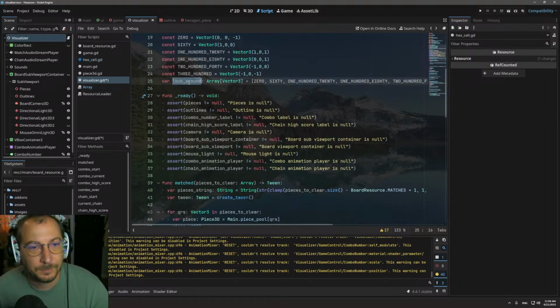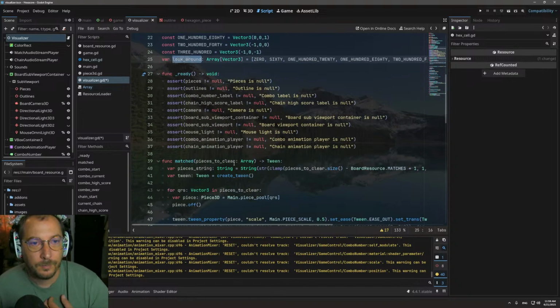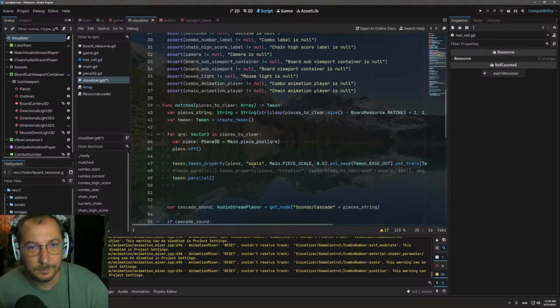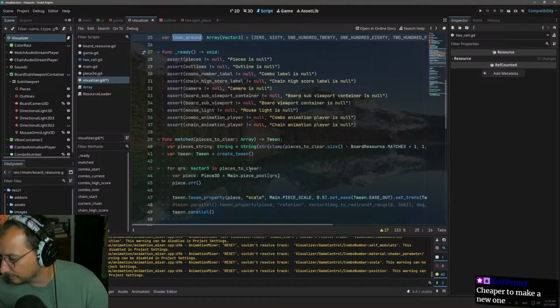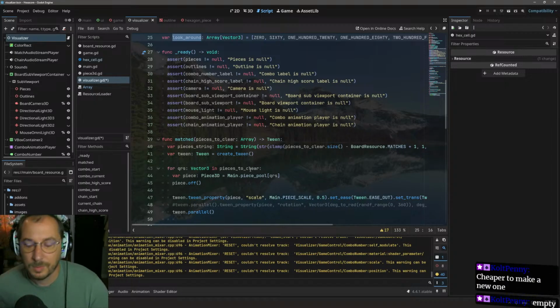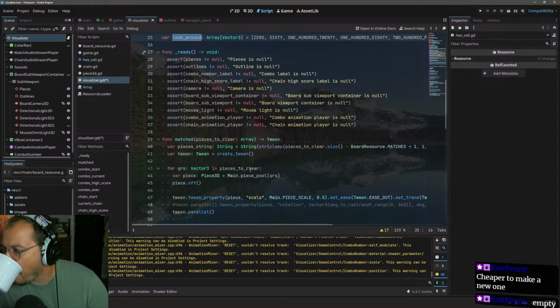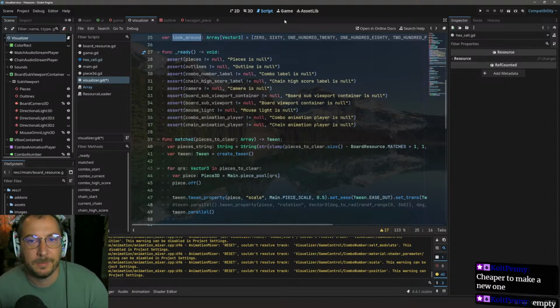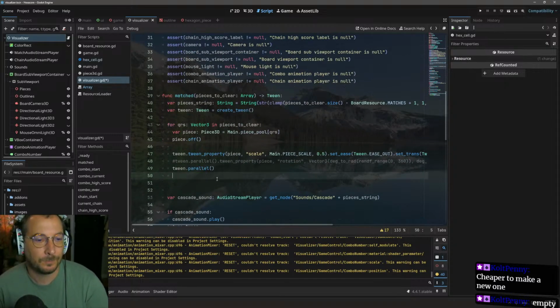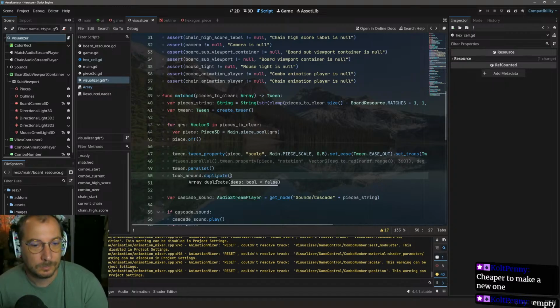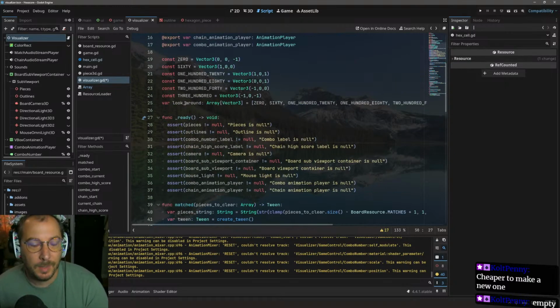I do not know. Cheaper to make a new one. And what if it's not empty? What if it's predefined, like already populated with something? I guess I'd have to really just write some code to find out.